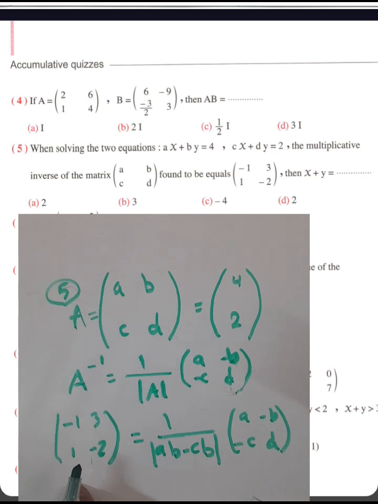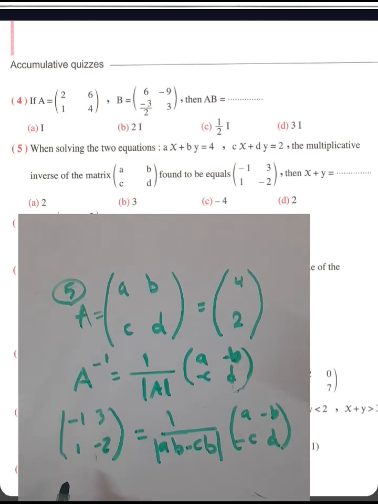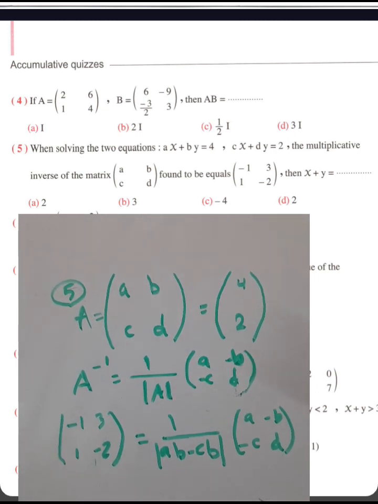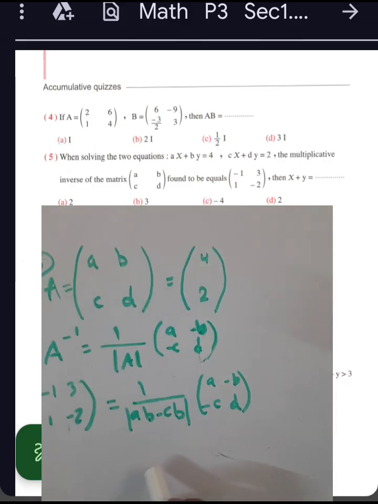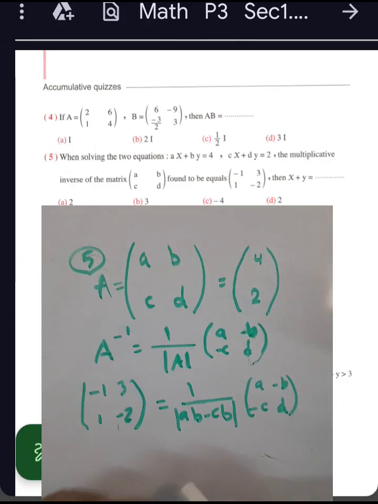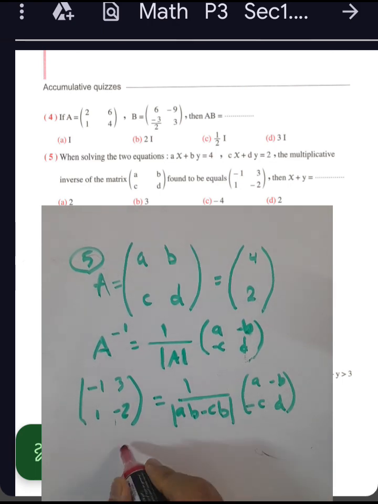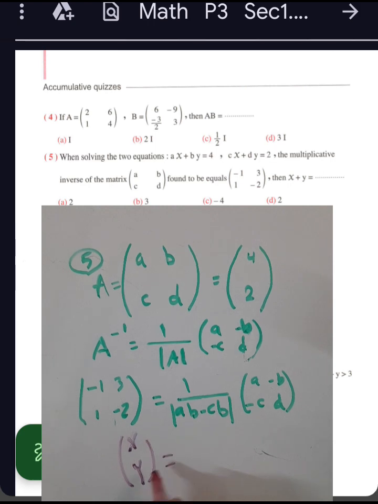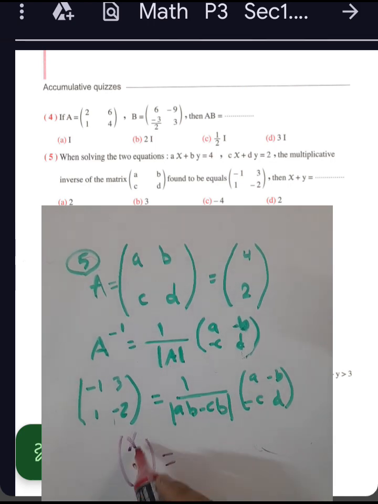He wants to find the value of x plus y. We want, in this example, x plus y. We know x and y, and we can write the properties of x and y.